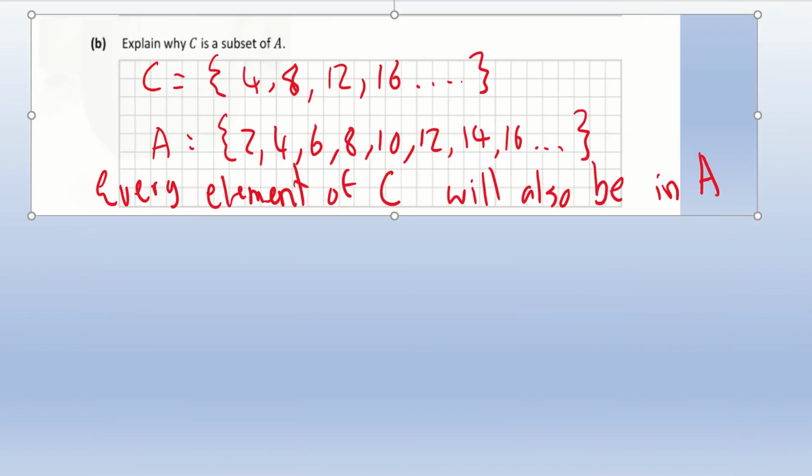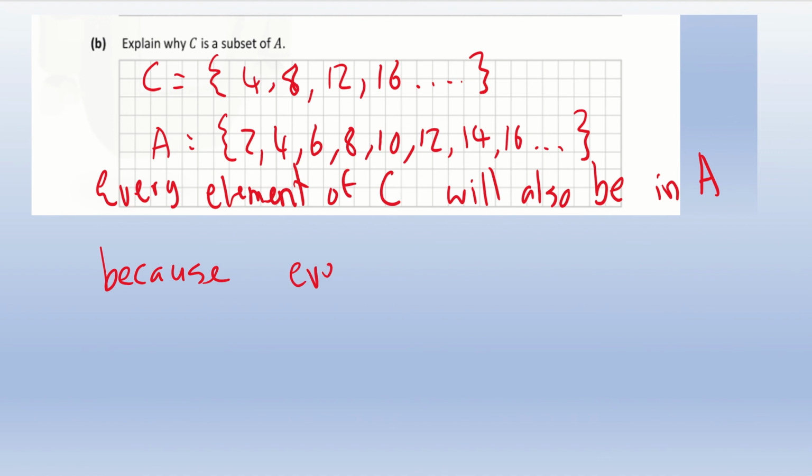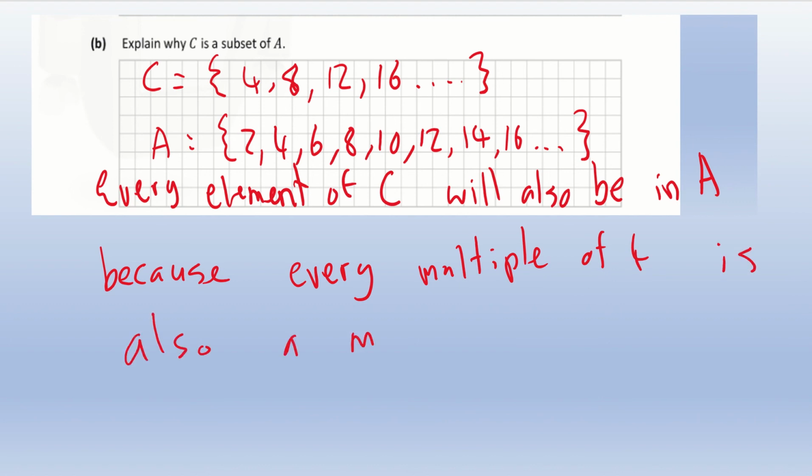And I've just moved that so that I have a small bit more room. Every element of C will also be in A because every multiple of 4 is also a multiple of 2, or in other words, an even number. Let's make that a 4, even.